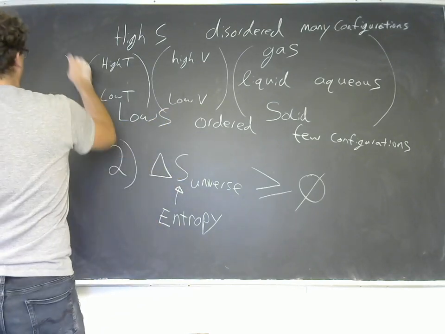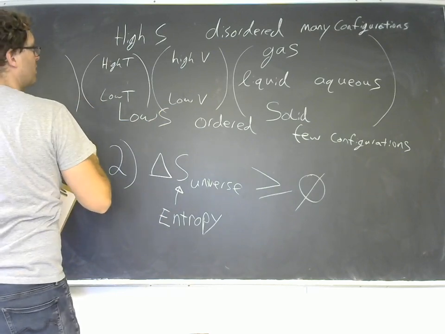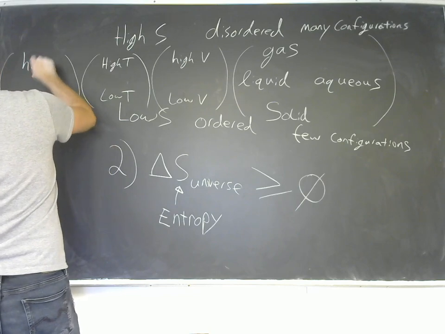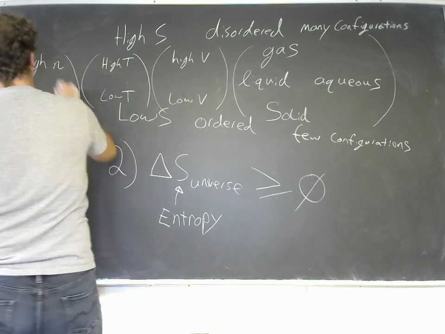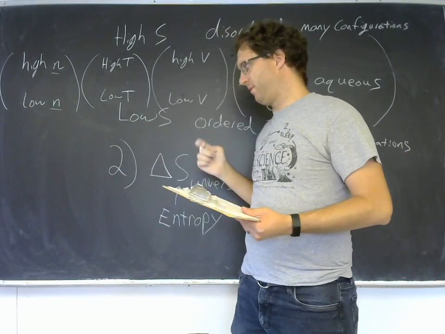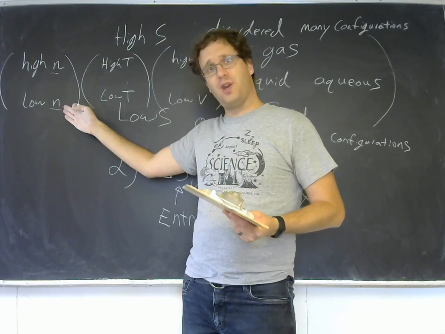And then one more. There is one more. Yeah, there we go. I almost forgot the last one. Just the number of particles. So you can have reactions that will change the total number of particles.